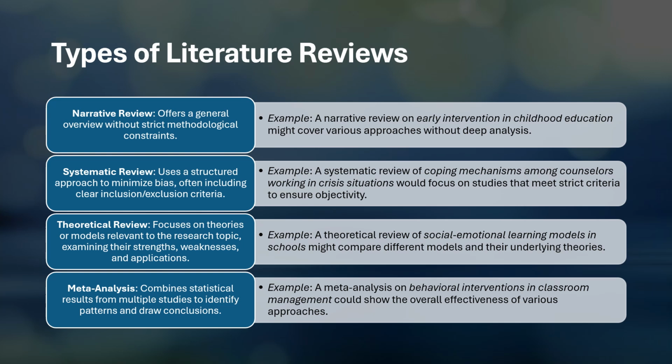And finally, there's meta-analysis. This involves pooling statistical data from multiple studies to draw broader conclusions. For example, in class management, a meta-analysis could help determine the overall effectiveness of different behavioral interventions. Each type of review serves a different purpose, and depending on the research question, you'll select accordingly.